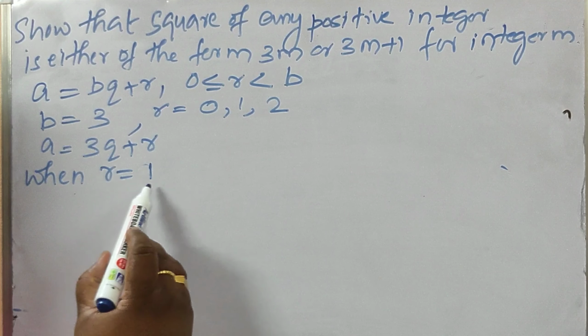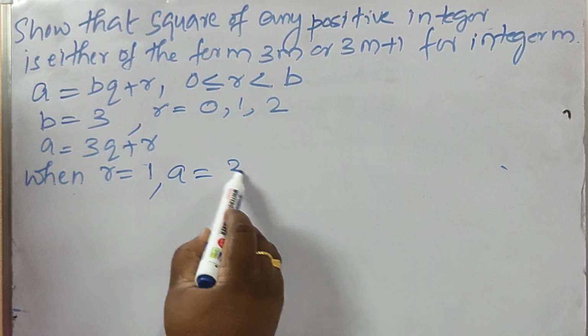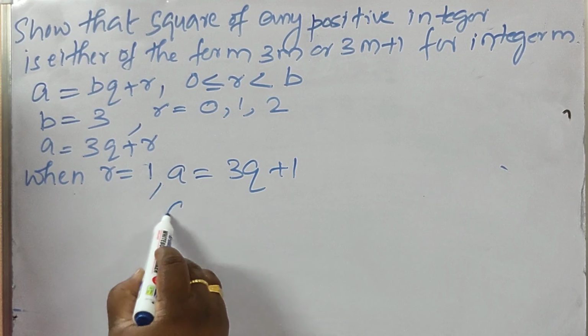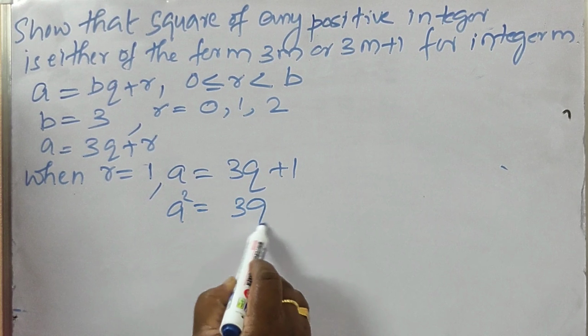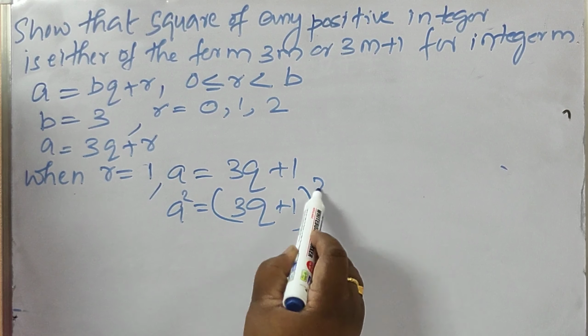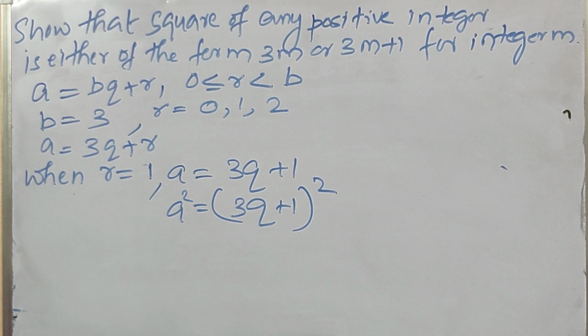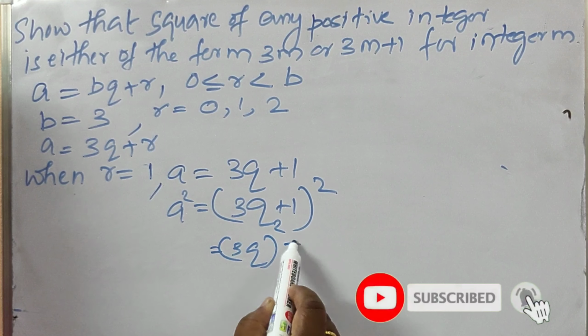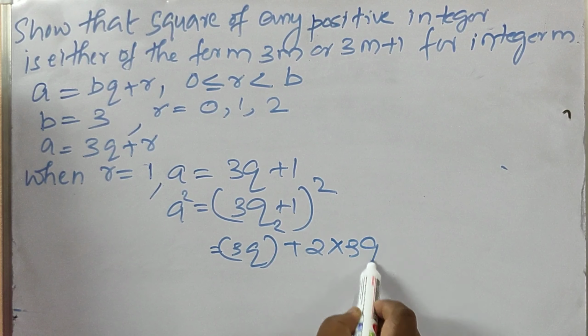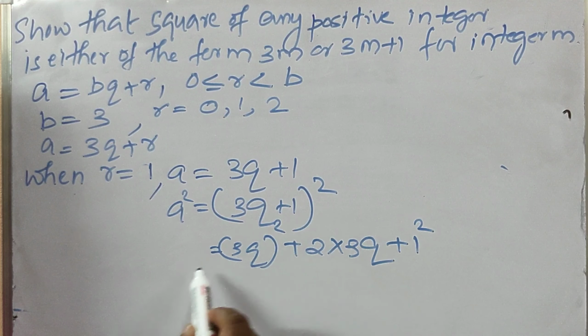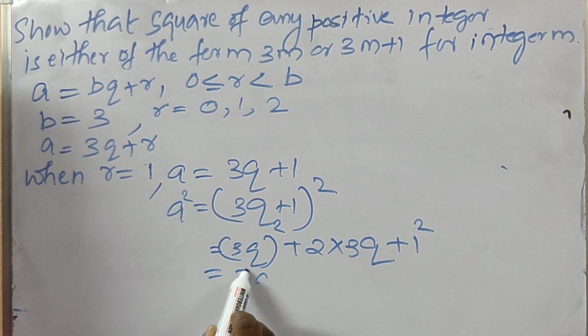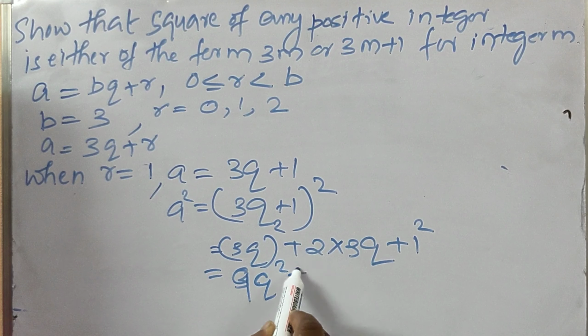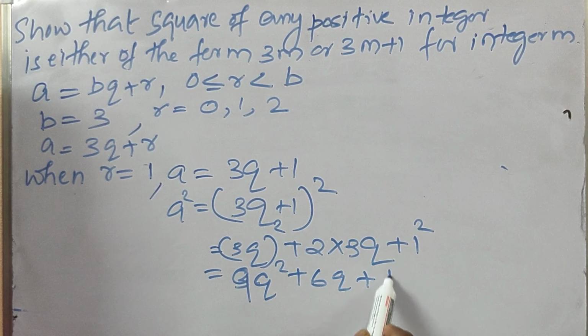Next we put r equal to 1. When r is equal to 1, a = 3q + 1, a squared = (3q + 1) whole squared. This is of the form (a + b) whole squared, that is a squared + 2ab + b squared. So that is 9q squared + 6q + 1.